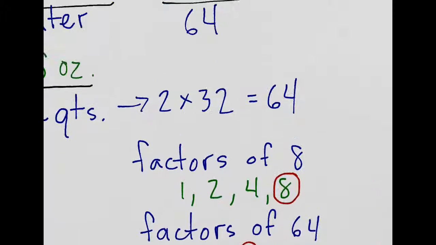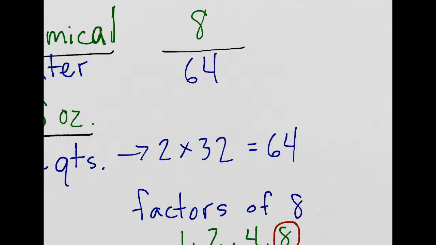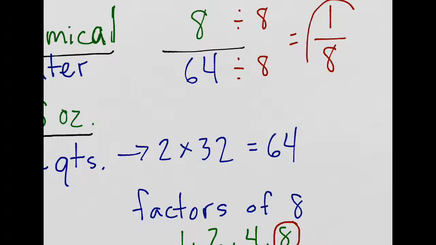So what we're going to do up here is we're going to simplify this ratio by dividing by that greatest common factor, the greatest number that goes into both 8 and 64. And what we're going to get is a ratio that looks like this. 8 goes into 8 one time, and 64 divided by 8 is 8, and there you have it.